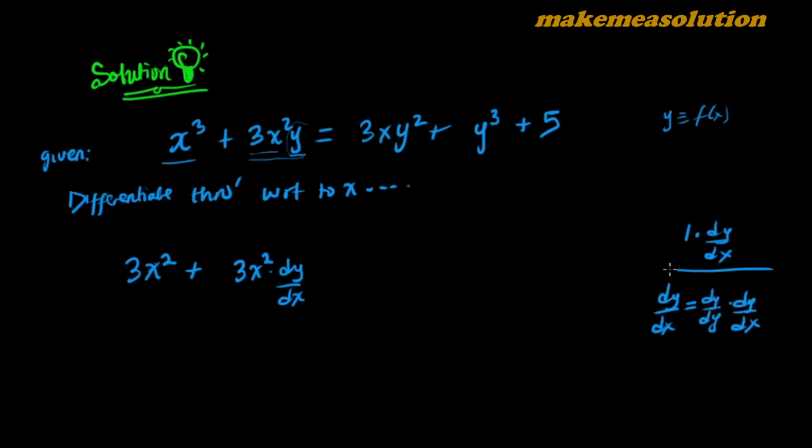So this is the full chain rule for obtaining dy dx. Remember, my u is 3x squared and my v is y. So I'll do u dv dx, then plus, I'll now put my v, which in this case is y, then du dx, giving me 6x.